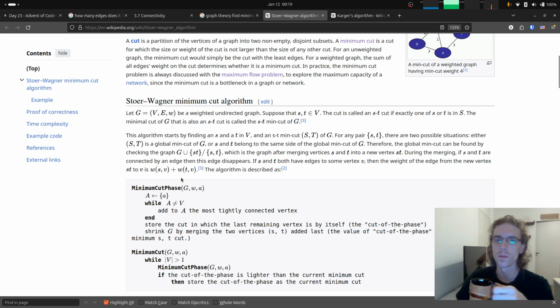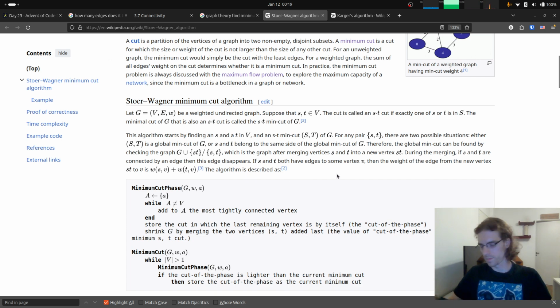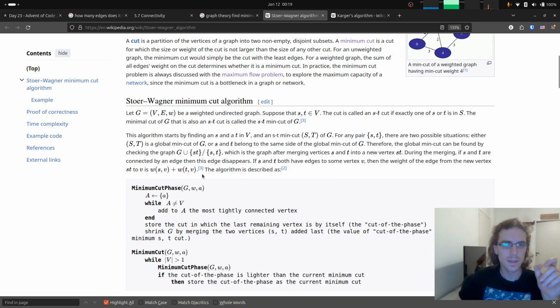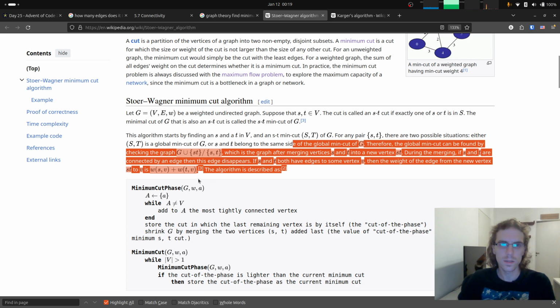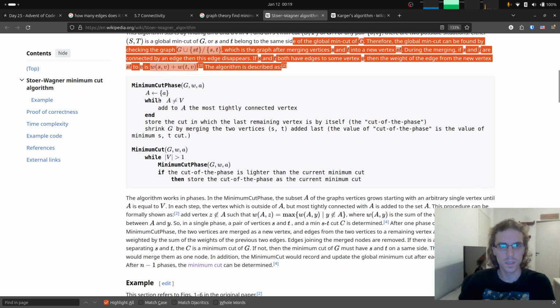Okay, so yeah, if you are contracting two vertices and those two vertices connect to another vertex, you sum those weights. So I guess even though our graph is not weighted, this algorithm is weighted, so we would need to represent that.